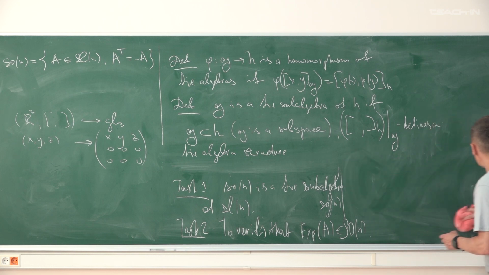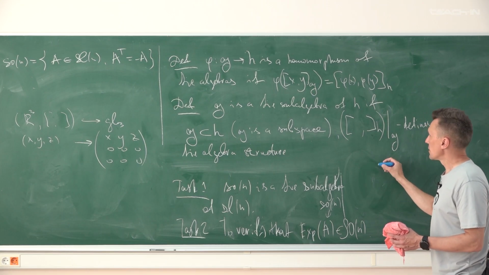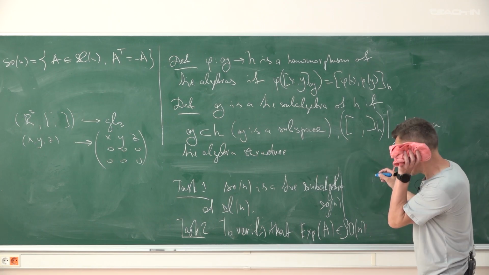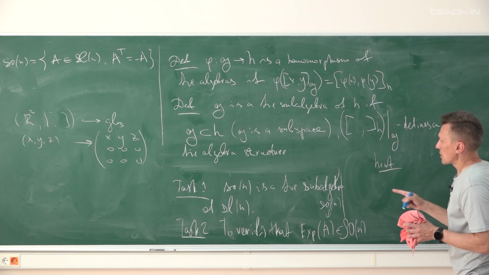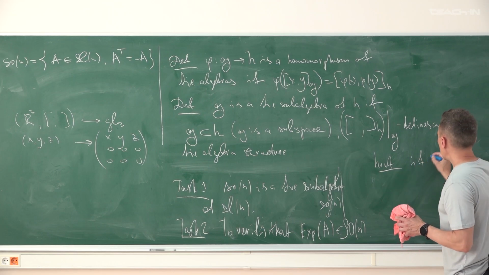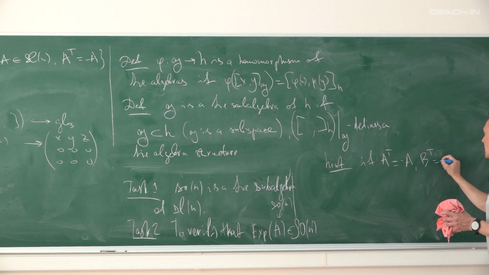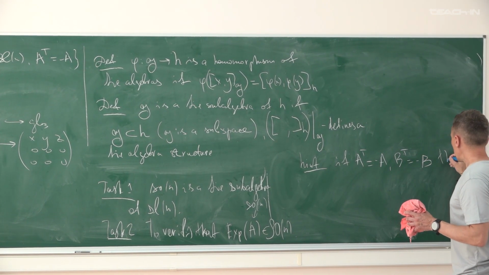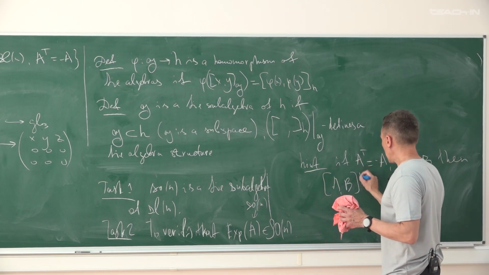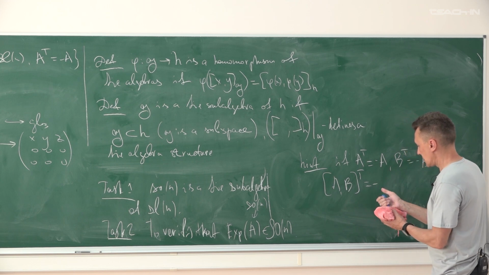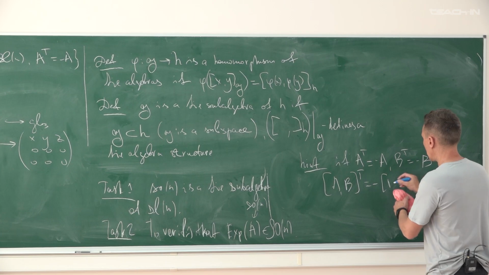So we need to verify the following fact, hint: if A is minus A transpose and B is minus B transpose, then the commutator is minus its transpose, minus AB.